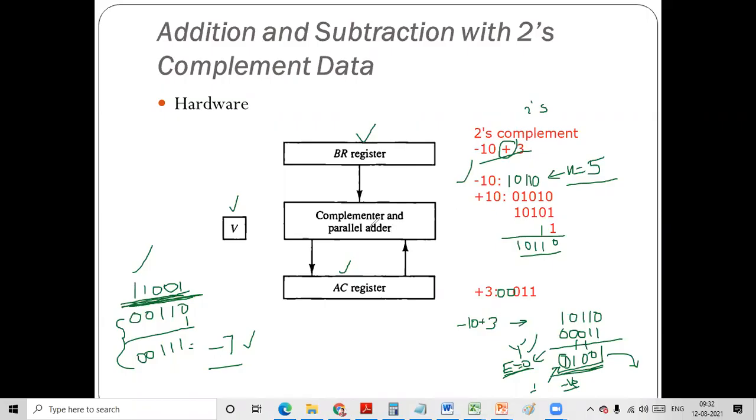Whatever is the result will be transferred back to the accumulator register, which overrides the one of the input. The extra carry coming out will be held in the V flip-flop. So that is very minimal hardware: 2 registers which store 2 n-bit numbers, 1 complementer whenever required, and one n-bit parallel adder. If the operation is subtraction, we require a complementer.